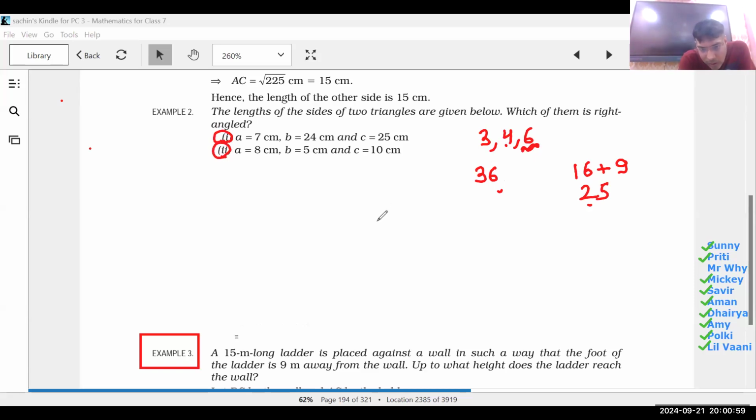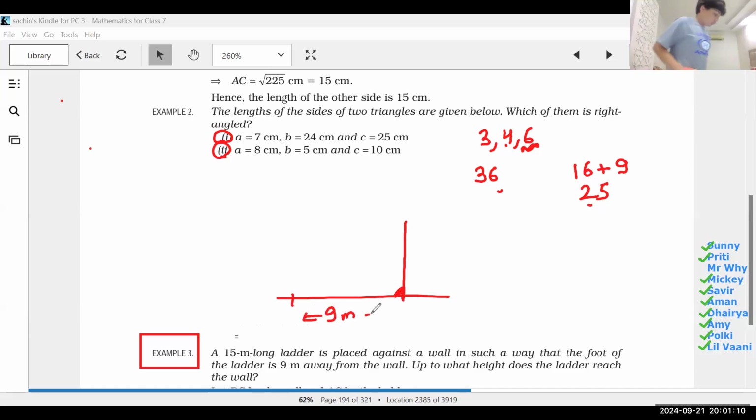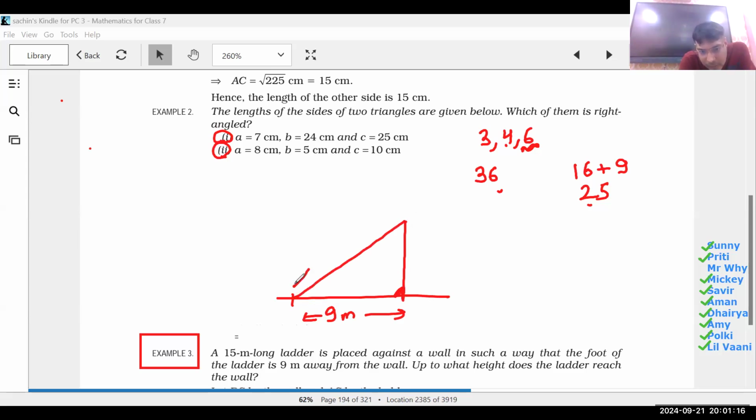Okay, so Adve, a 15-meter ladder is placed against a wall such that the ladder is 9 meters away from this point. And 15 meter जो ladder की length है that is 15. ये diagram बन गया था अद्वे.